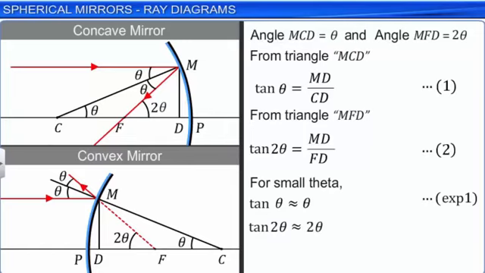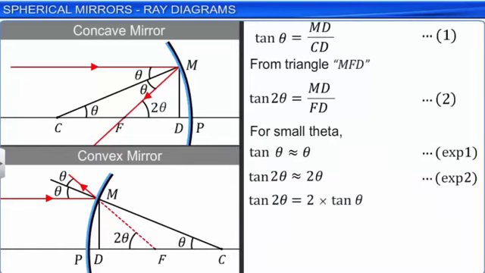From expressions 1 and 2, we can write that tan 2 theta is equal to 2 into tan theta. On substituting the values of tan theta and tan 2 theta from equations 1 and 2, we get MD by FD is equal to 2 into MD by CD, or CD is equal to 2 into FD. Let this be equation 3.